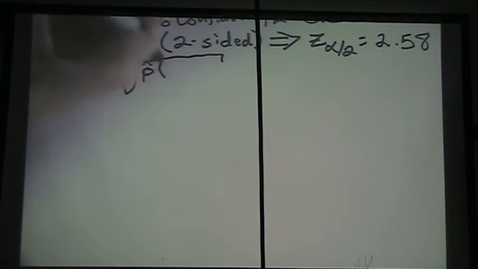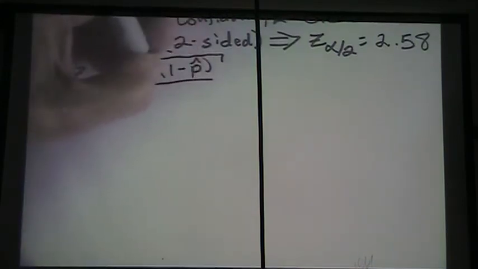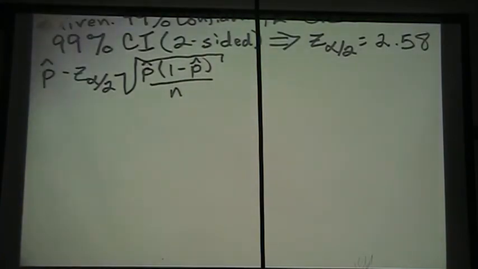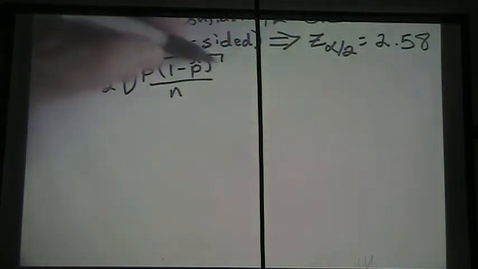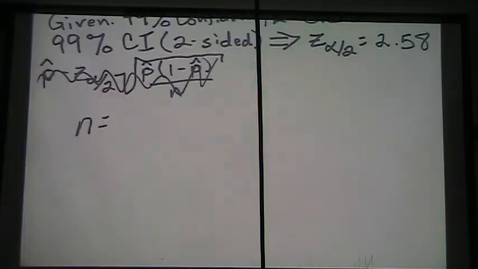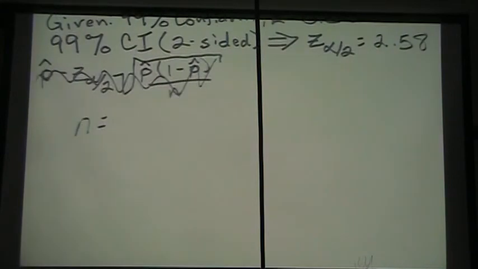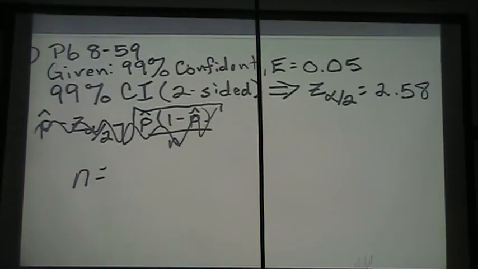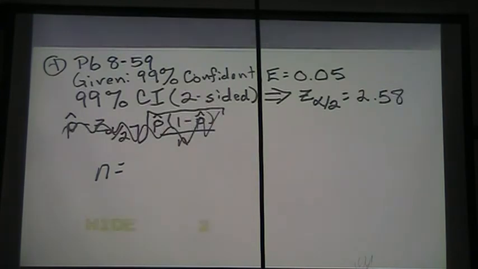All right, of course, our formula: P hat minus Z alpha divided by 2 times the square root of P hat times the quantity 1 minus P hat, divided by N. Oh, wait, though, I'm looking for sample size. Never mind. So the sample size formula is N equals, okay, maybe I should go back a little bit. Sample size equals, oh, what was I thinking?